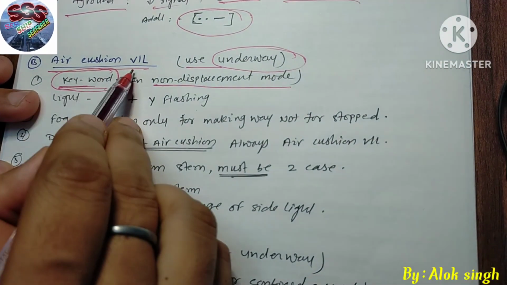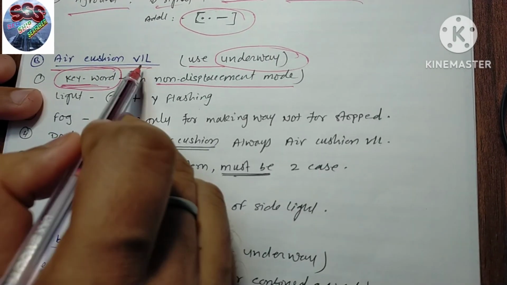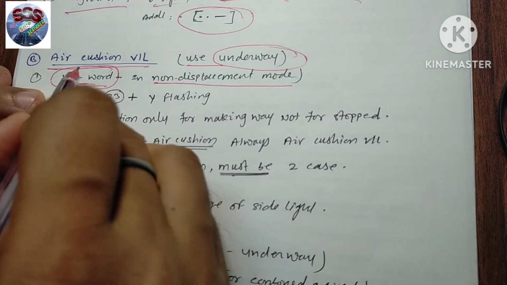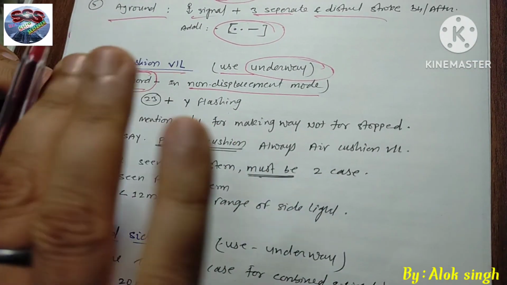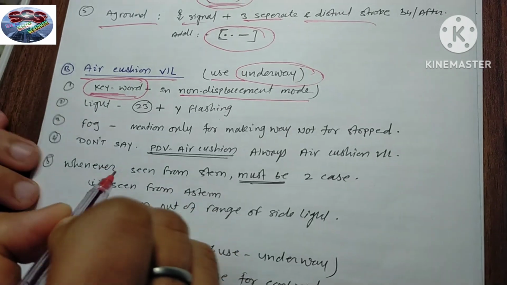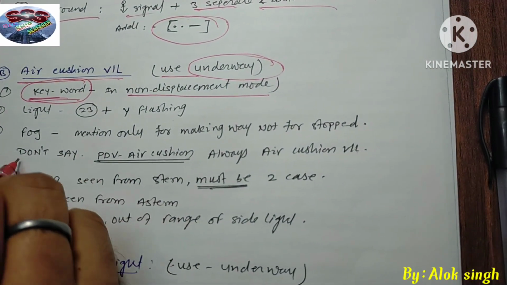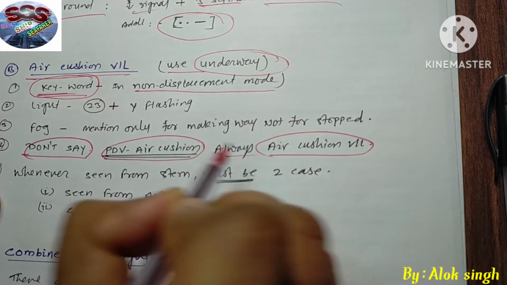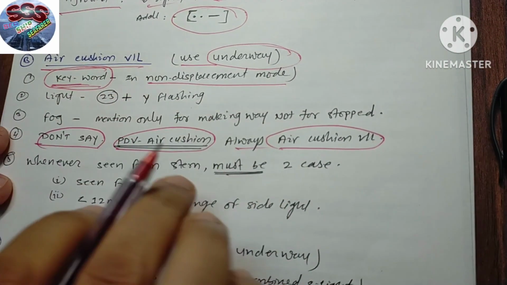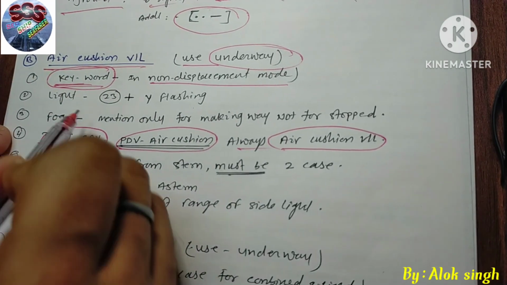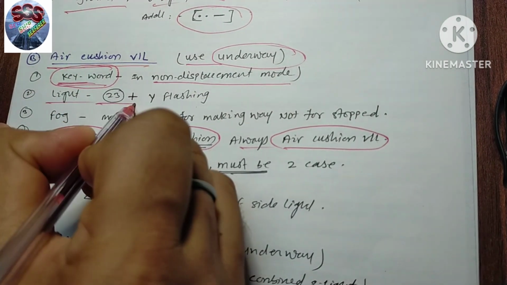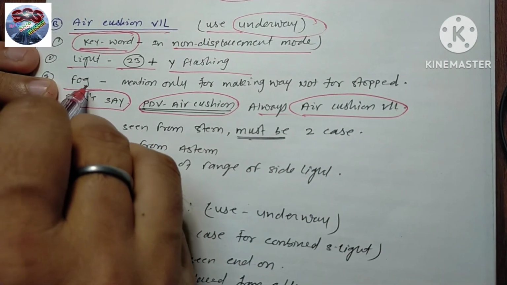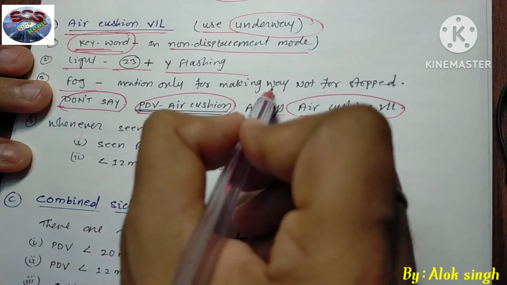If he is coming for this card, air cushion vessel is his favorite card. In this case, even though it is a power-driven vessel, you must not say power-driven vessel, only air cushion vessel. Nothing mixed with power-driven vessel. Just a single word we have to mention here: don't say power-driven cushion vessel. Always say air cushion vessel. You just have to say air cushion vessel, although it is a power-driven vessel. It will also show the lights as per rule number 23 plus a yellow flashing light. It is mentioned there, so I am not highlighting that much. And for the fog signal, this vessel will be considered only as making way.